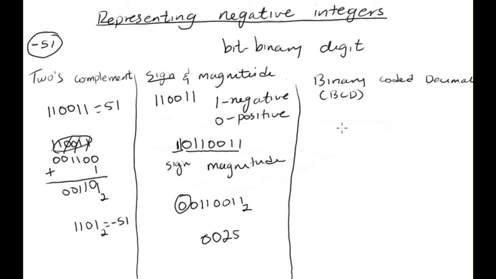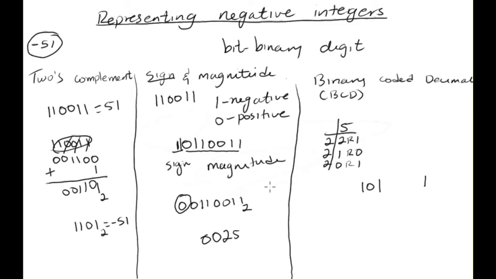So I convert 5, divided by 2, and the remainders give 5 as 1 0 1. Now 1 in binary is 1.